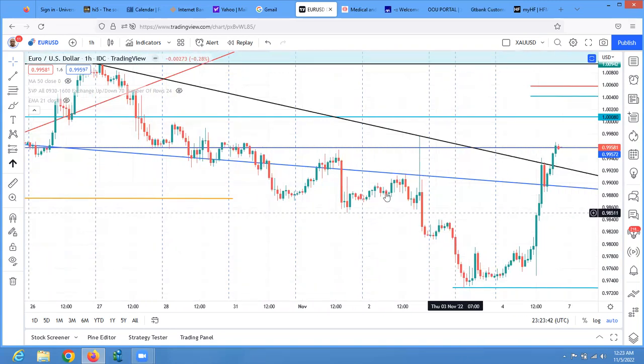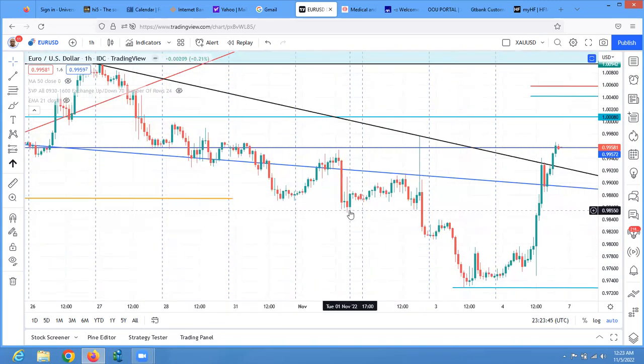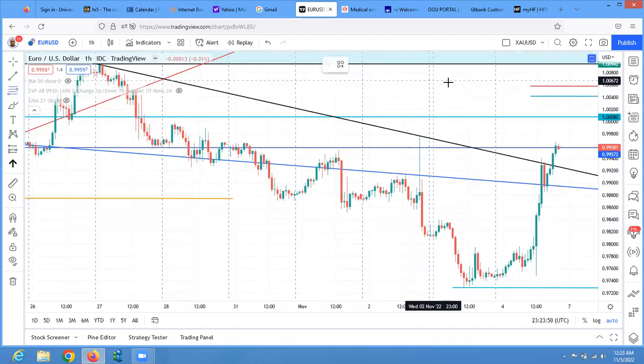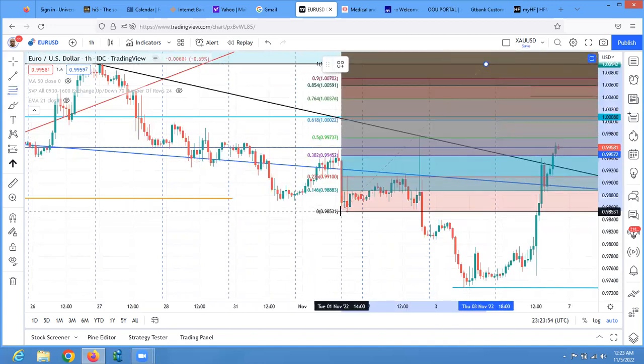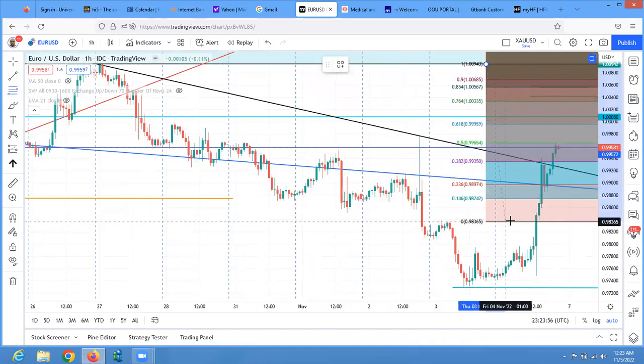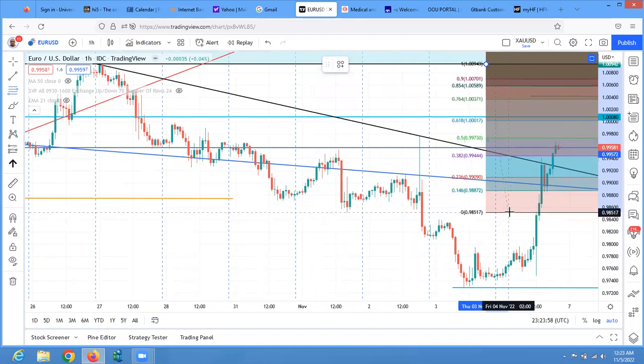If we take this new low and this high here to this low, this point, let me just take it here. That played because this is exactly about a 50, just a bit outside of 50.